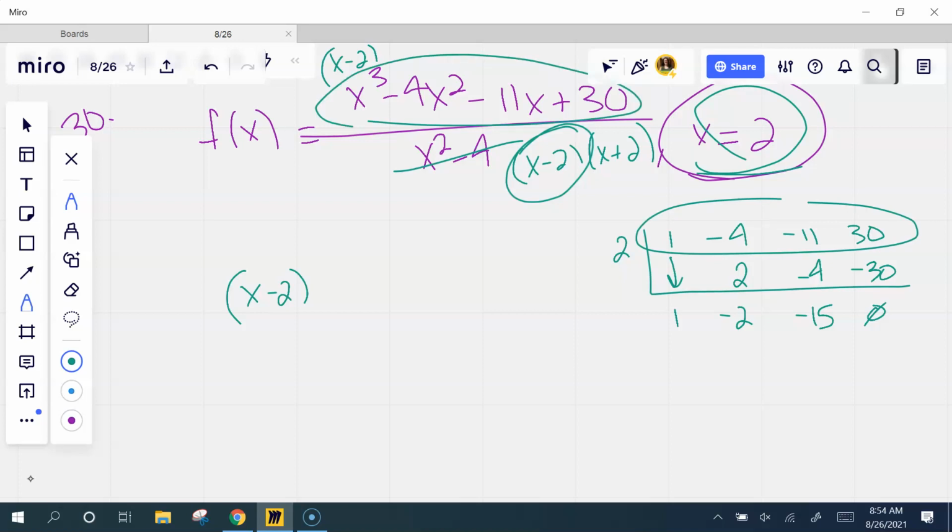And so you drop it, multiply, and add the column. Oh, I understand it now. Multiply and add.